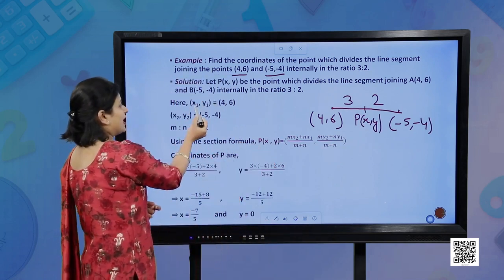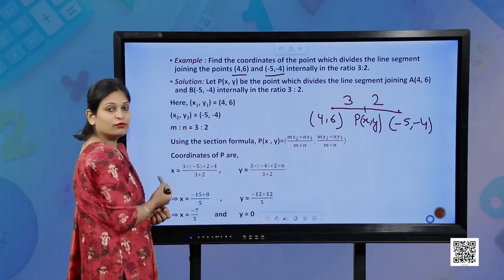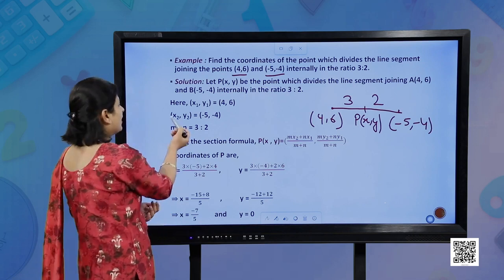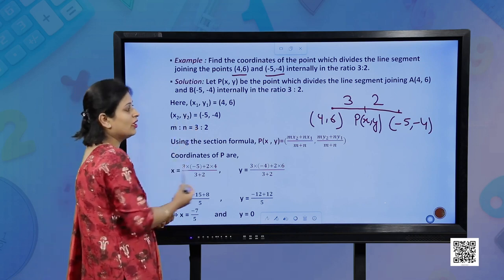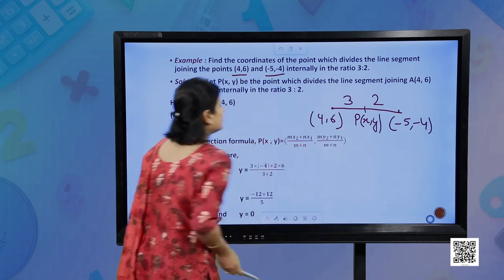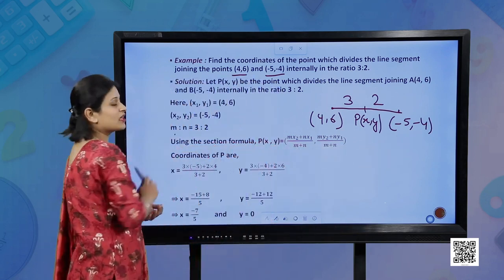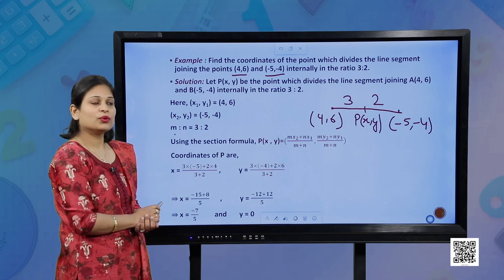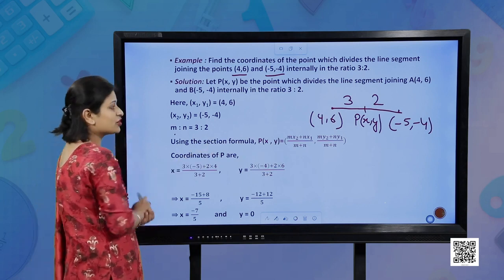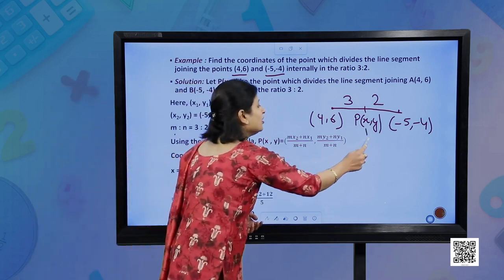So, here (x1, y1) will be (4, 6) and (x2, y2) will be (-5, -4), and the ratio is given as 3:2. So, by using the section formula, can you find this point?